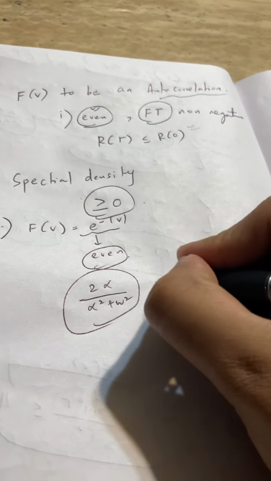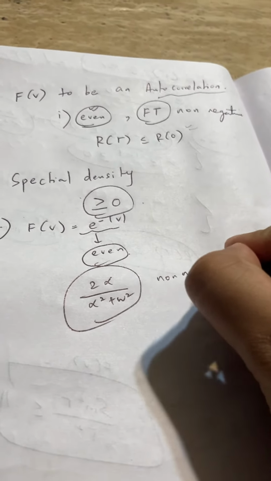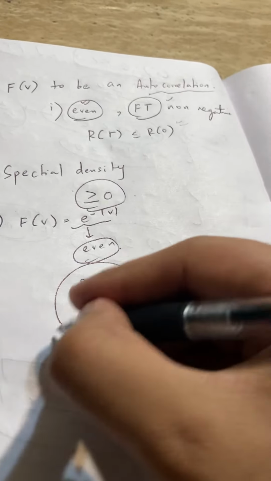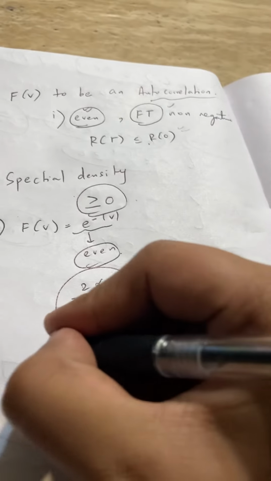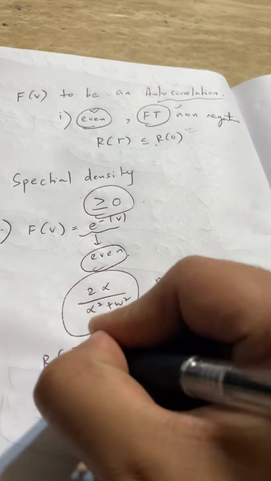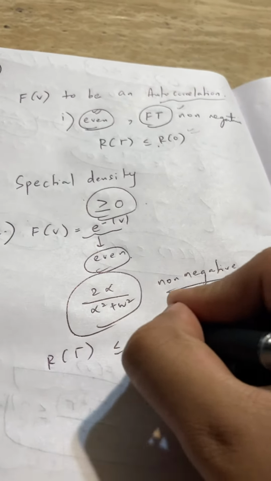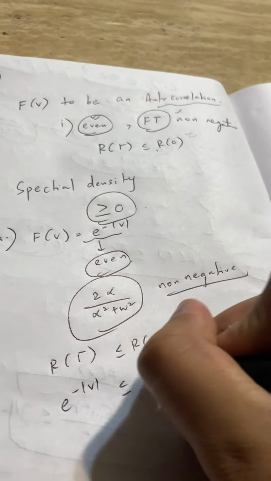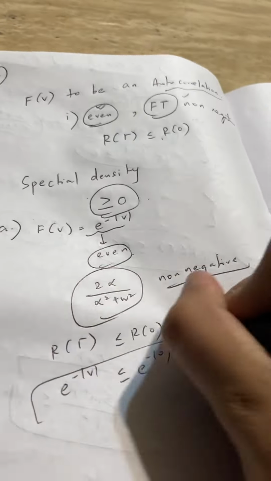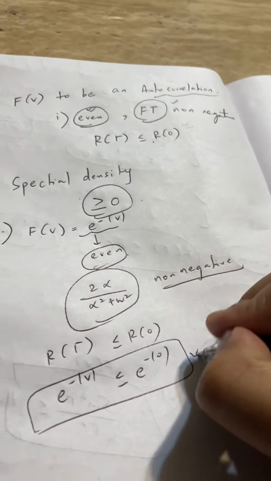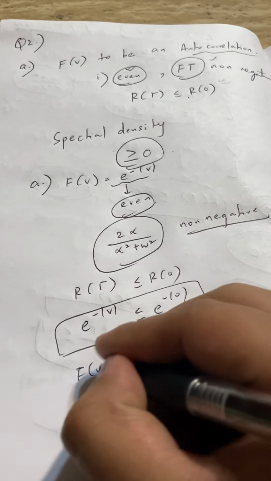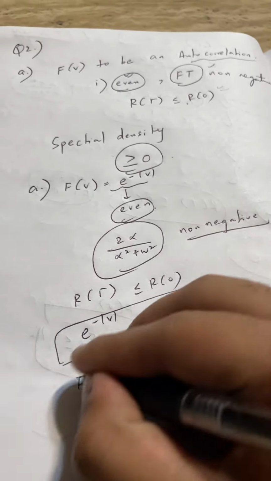This is also non-negative, so this is also satisfied. For r of tau less than or equal to r of 0, this means that e to the power of minus mod v is less than or equal to e to the power of 0. So we can clearly see that this is also satisfied. So we can clearly say that f of v in this case is an autocorrelation function.